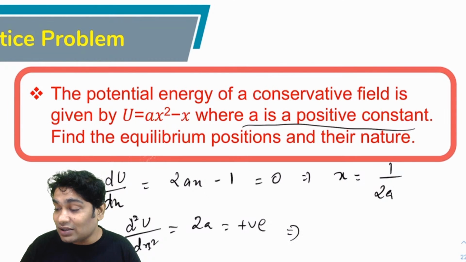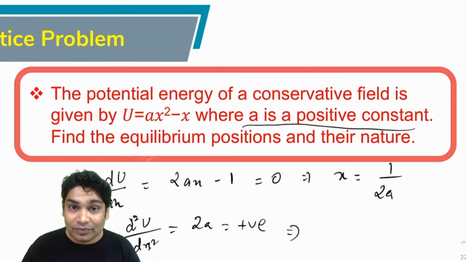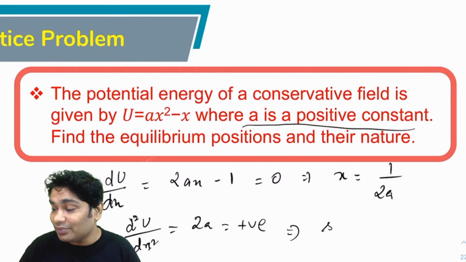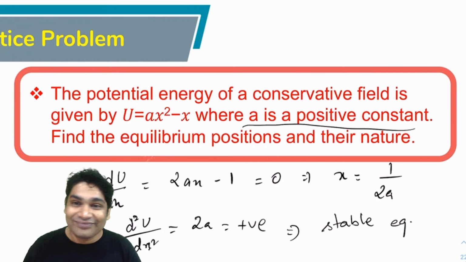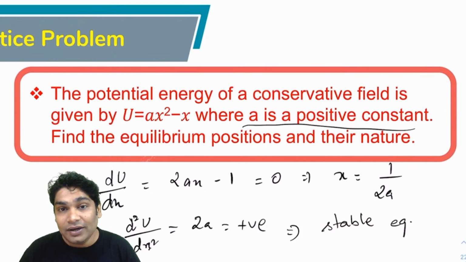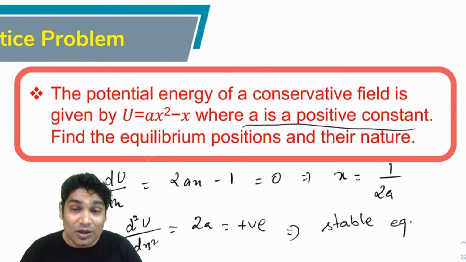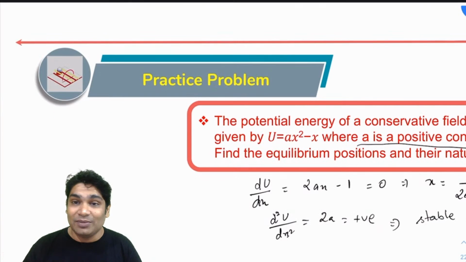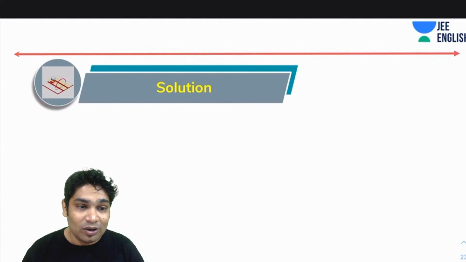This represents a minima point. So this is stable equilibrium. d2u by dx2 is positive, so I know this is a minima point. Minima point means the position is of stable equilibrium.